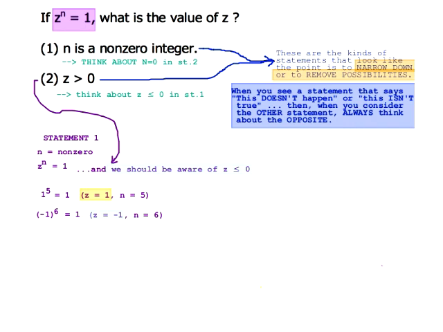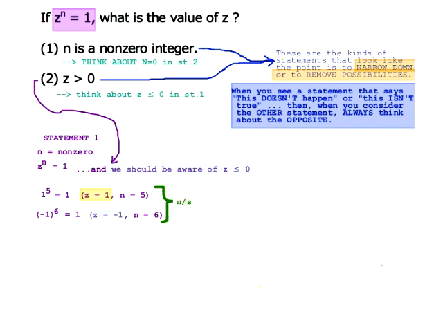And you don't need to think of the negative z through some amazing, brilliant mental light bulb moment. You can be guided towards it very deliberately by looking at the other statement. So statement 1 is not sufficient.